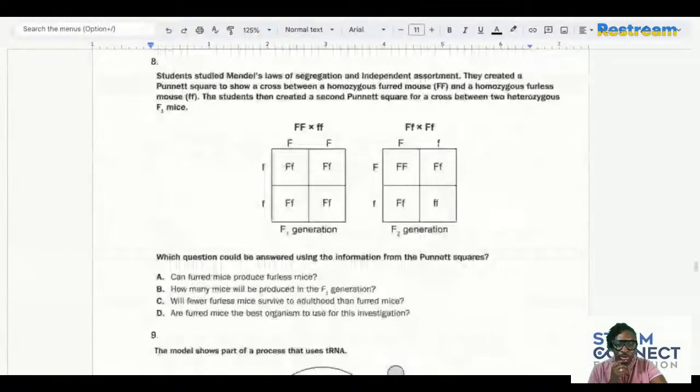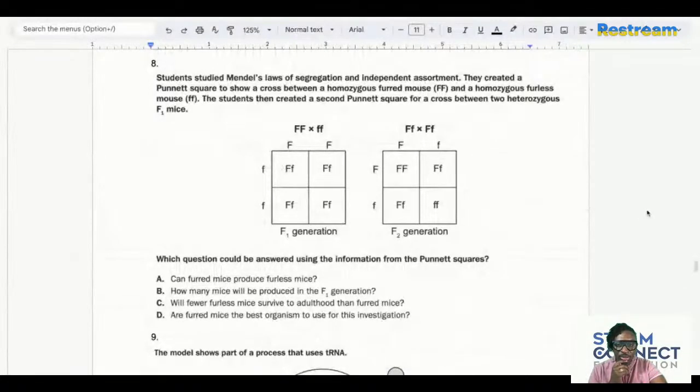Let's look at this one. Number 8. Students studied Mendel's laws of segregation and independent assortment. They created a Punnett square to show a cross between a homozygous furred mouse, capital F, capital F, and a homozygous furless mouse, little f, little f. The students then created a second Punnett square for a cross between 2 heterozygous F1 mice. Okay, so here's the first cross, which is the homozygous fur and the homozygous furless.